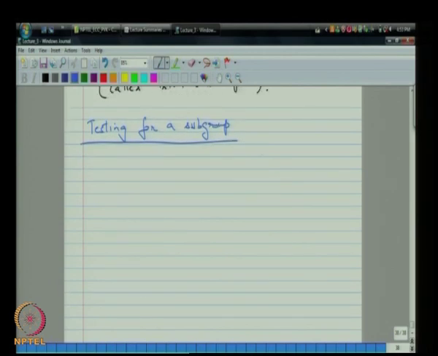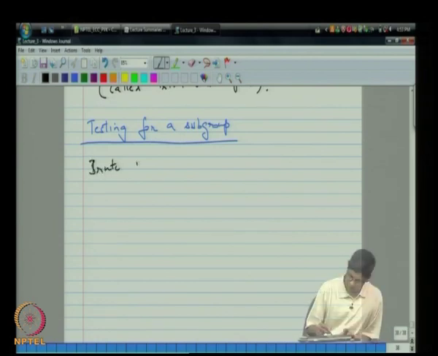Now, there is the brute force method, which would check the following.